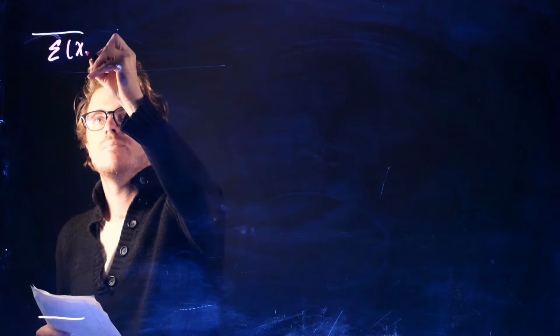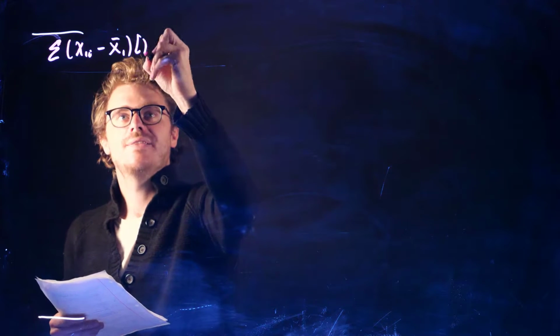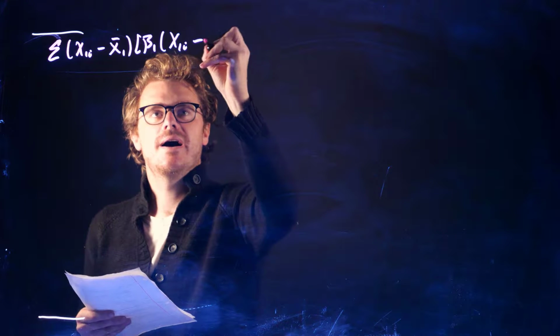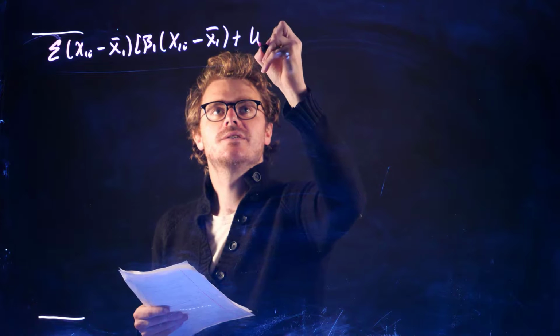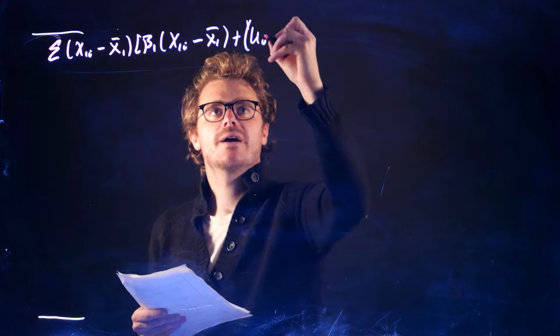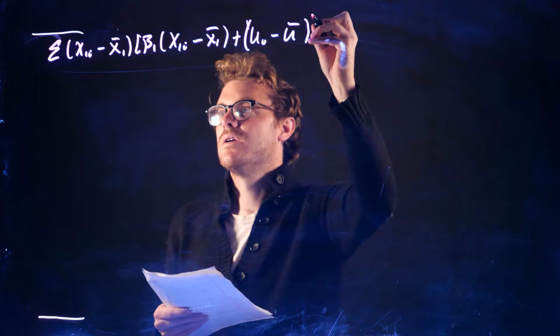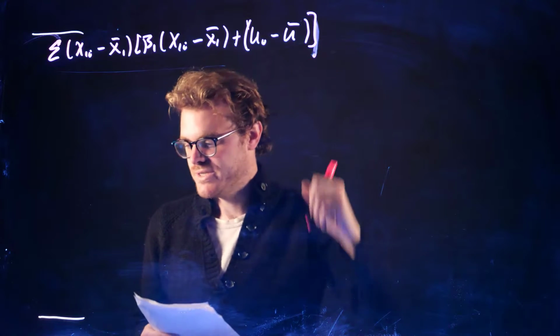Remember, it's the sum of x1i minus x1 bar, and then we had these square brackets with beta 1 times x1i minus x1 bar, plus ui, and we'll put that in brackets as well, minus u bar. This should be a square bracket.